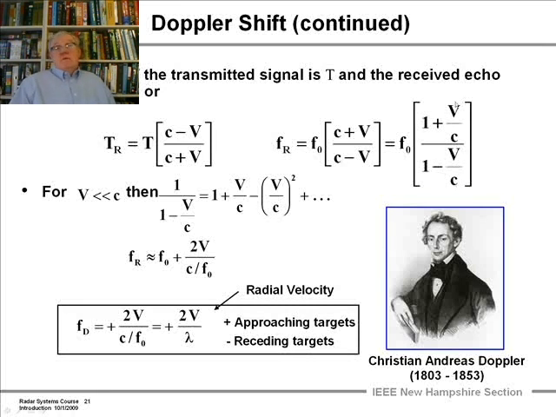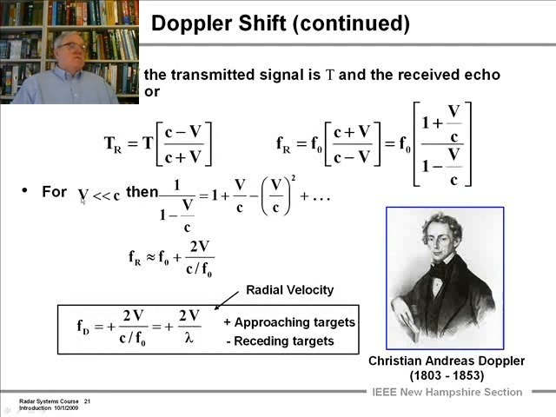Well, then we realized that the speed of light is 186,000 miles a second, 3 times 10 to the 8th meters per second. Very big number. To put this in perspective, the speed of light is much, much larger than any velocity of a target we're going to deal with, like 100 miles an hour versus 186,000 miles a second.